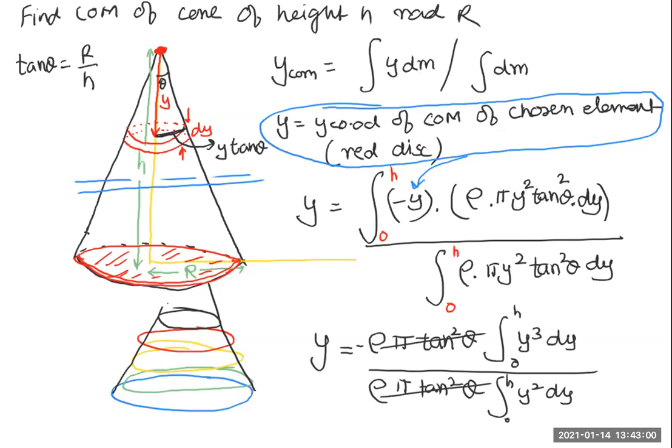These two cancel out, very nice for me. And the integration gives me h power 4 by 4 divided by h power cube by 3.